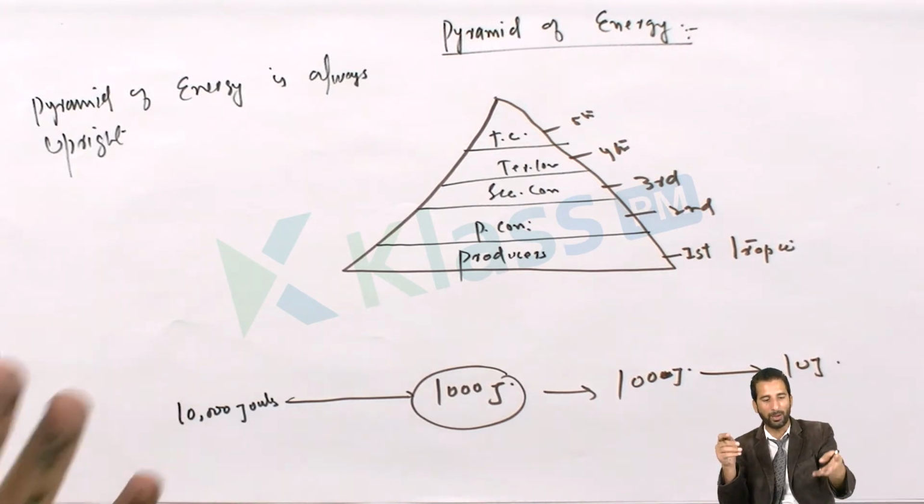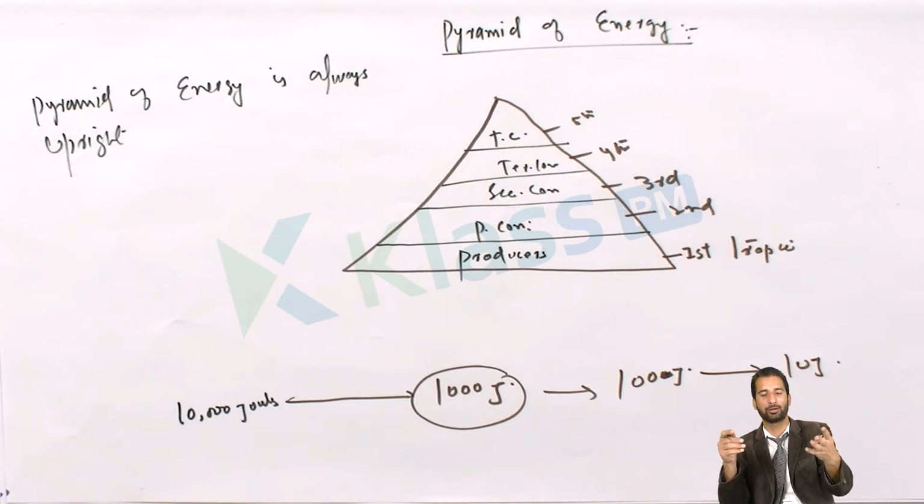So what is the pyramid of energy actually talking about? It is giving an idea that the amount of energy at each trophic level varies, with a high amount of energy present at the lower level and the least amount of energy present at the top level. This is all about the pyramid of energy.